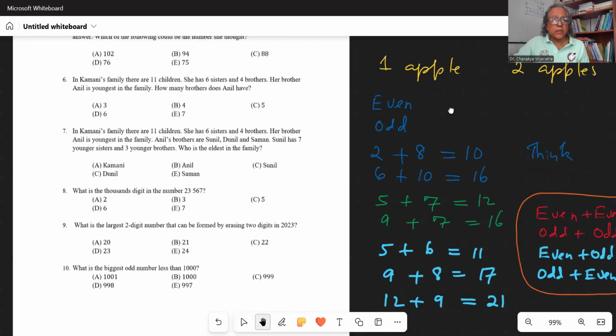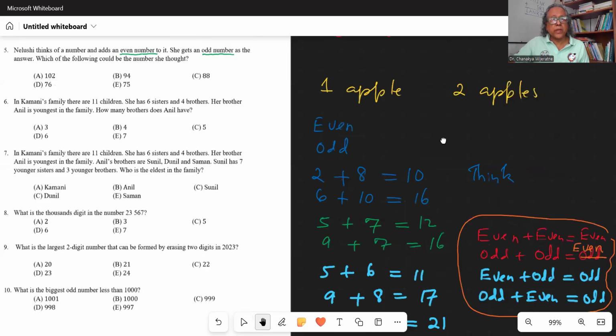So then here, Nelushi thinks of a number and adds an even number. If she thought of an even number, then she has to get an even number, because the same type, even plus even, is even, right? But since she got an odd number, it has to be an odd number. And luckily, only one odd number is there.